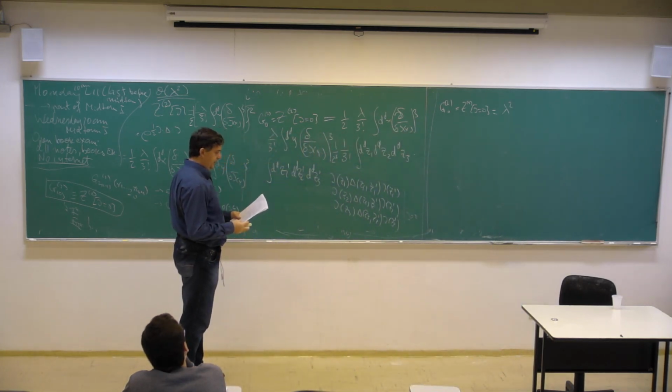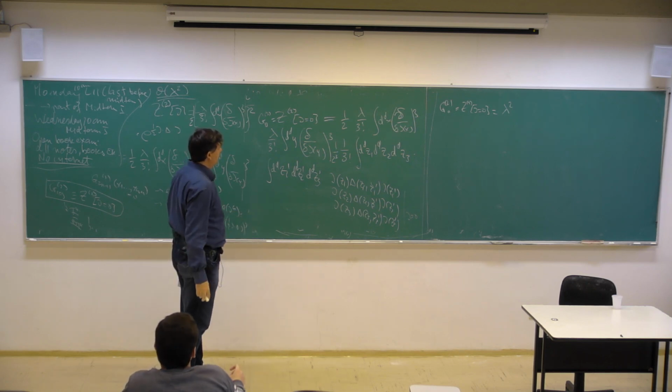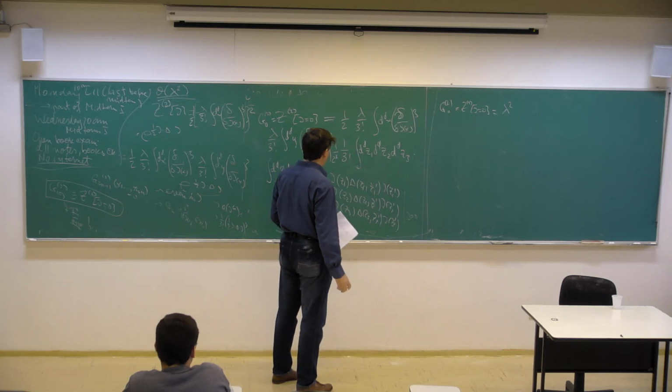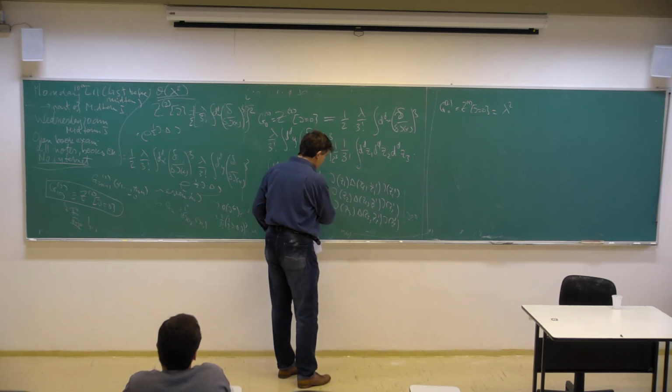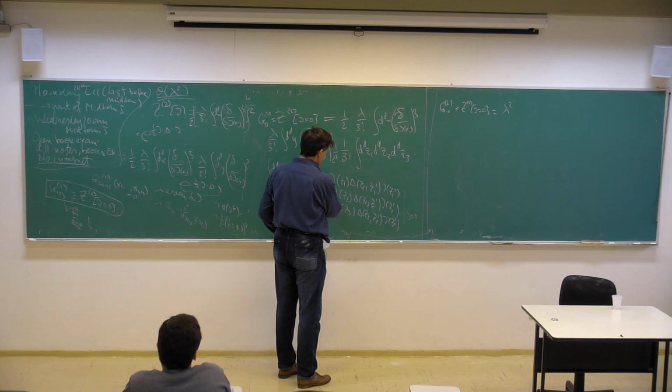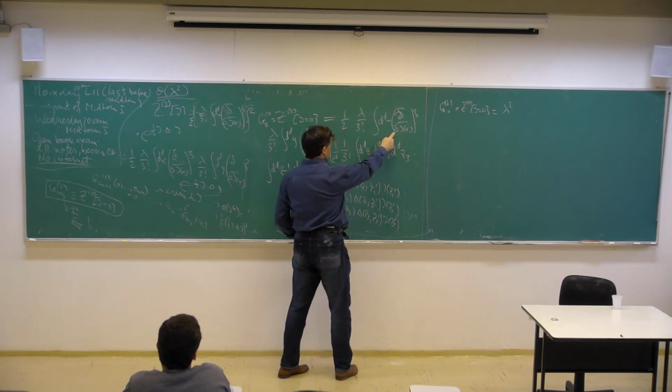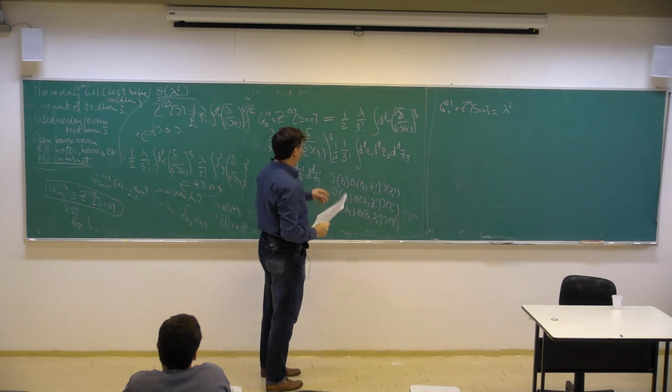Then let's see what can happen with the derivatives. Okay, so here I have 3 identical terms, and then I have 3 derivatives at each x and y.